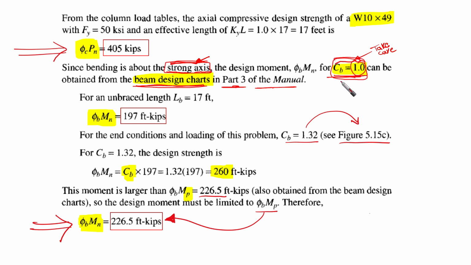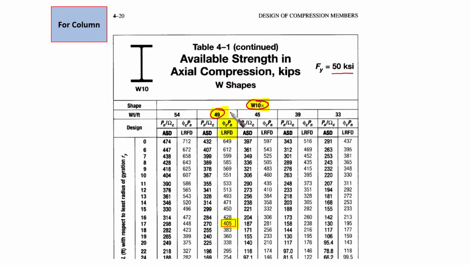But we do not know what C_b is for our case, for our system. We're going to calculate it later, but now let's obtain this phi_b M_n based on C_b equal to 1. So take care that we are talking about C_b equal to 1. This can be obtained from the beam design charts in part 3 of the manual. For an unbraced length L_b equal to 17 feet, let's check from the tables.